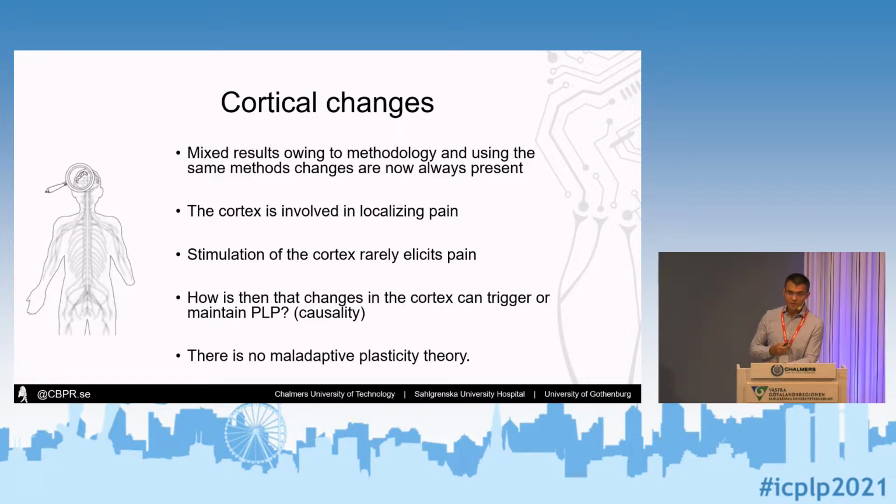So all this is to say that there's no maladaptive plasticity theory. Although it has been mentioned in some papers, there is no one paper that says this is the theory of maladaptive plasticity. If anything, it is an observation, a fact. Technically speaking, as I said before, maladaptive means something that you really didn't want to happen, and plastic means that it remained. So this is an observation. There's really not a theory that explains anything.